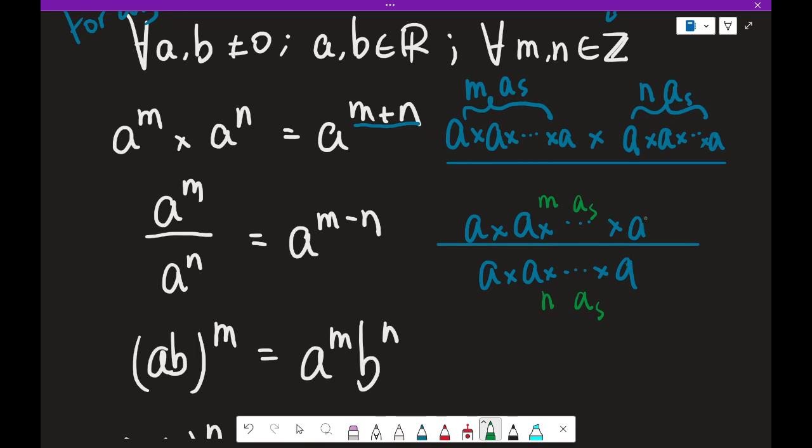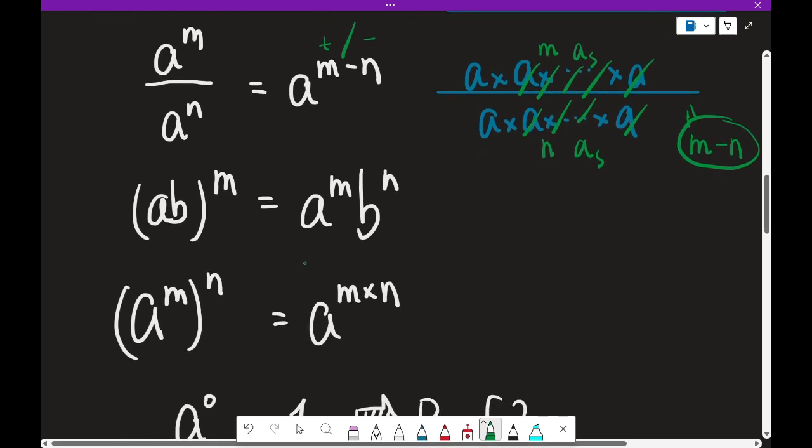So some of the a's would cancel out. What do we get from the simplified version? We will have a to the power of m minus n, this many a's left after the cancellation. And m minus n could be positive or negative, depending on the values.